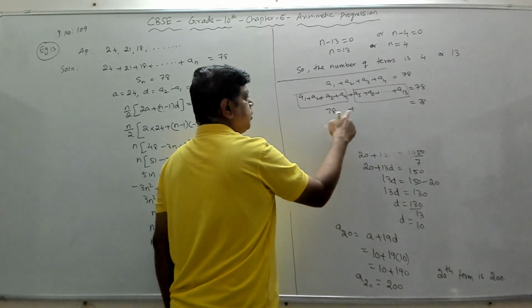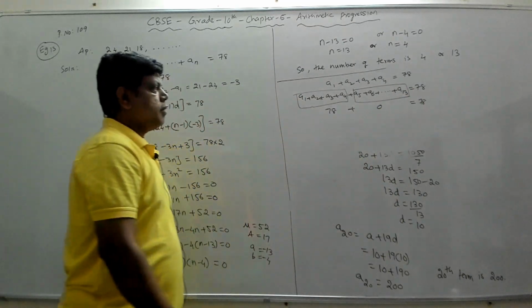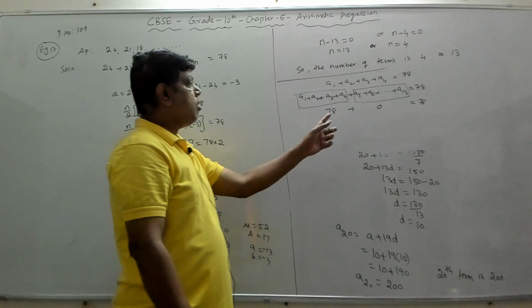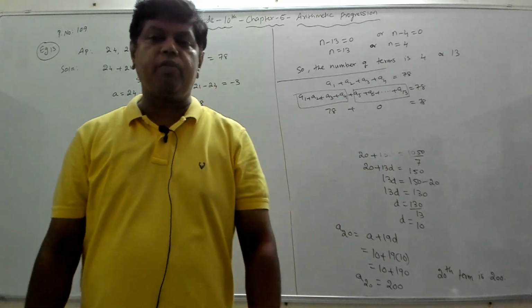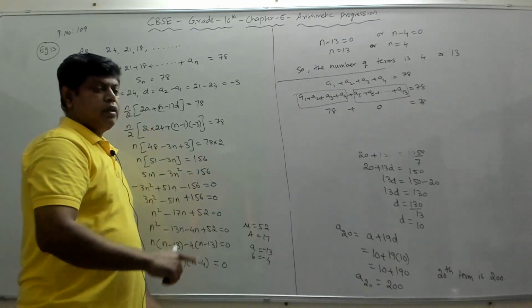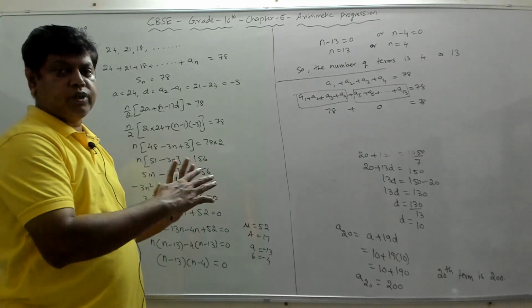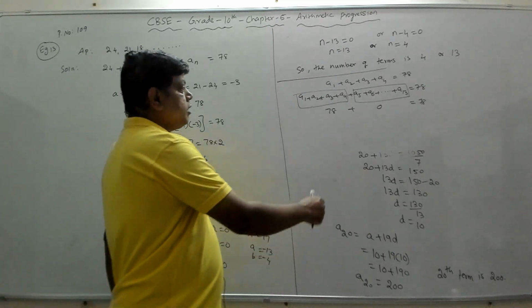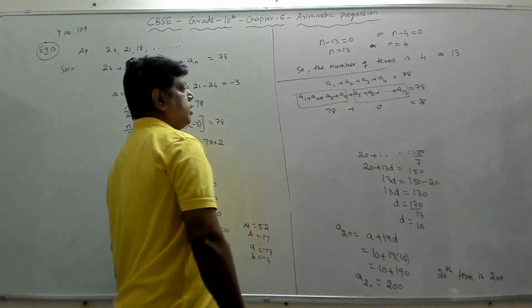So this is 78 plus sum of this gives me 78 means the sum of this should be equal to 0, right? So which means sum of 5th term till 13th term is 0. You should try to find the sum from a5 to a13, then that will be 0. Only then you get this, right?